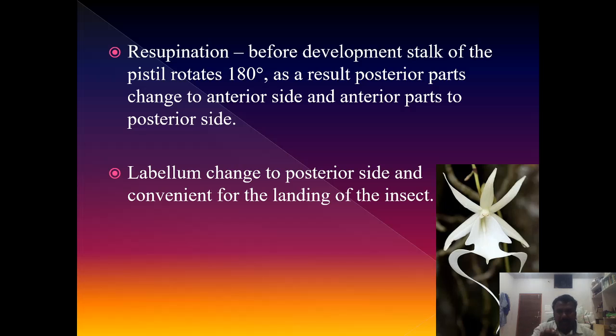As a result, posterior parts change to the anterior side and anterior parts change to the posterior side. So now the labellum changes to the posterior side and is convenient for the landing of the insect. You can see here this is the labellum.